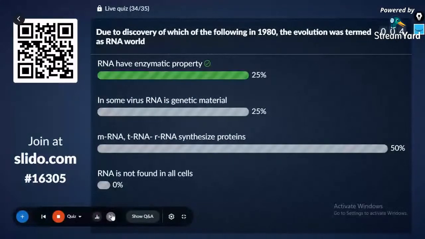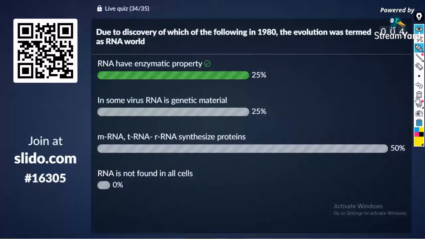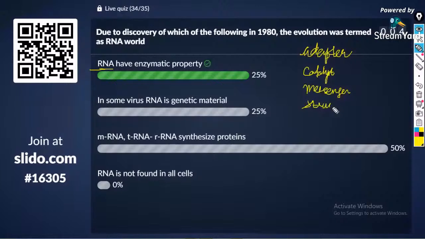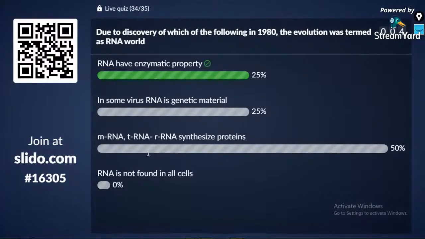We know that both RNA and DNA are genetic material, and RNA performs several functions: it functions as an adapter molecule, as a catalyst, as a messenger, and as a structural molecule. So there are different functions for RNA. Next, the last and final question on the screen.